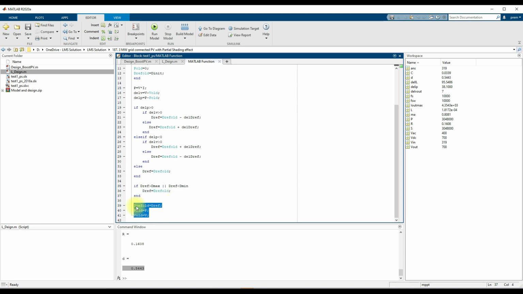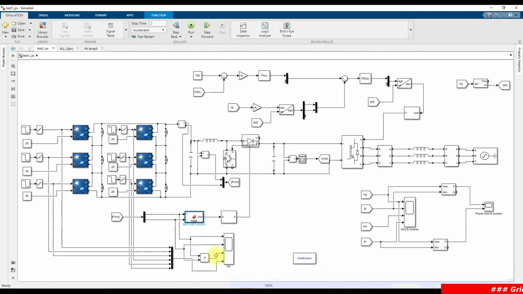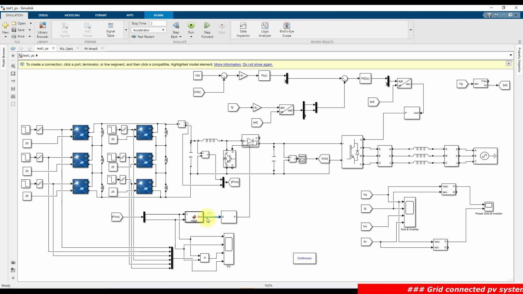Here we are overwriting the previous duty cycle, previous power, and previous voltage with the current duty cycle, current power, and current voltage. This code will keep on executing to extract the maximum power from the PV panel. So here we are getting that duty cycle.